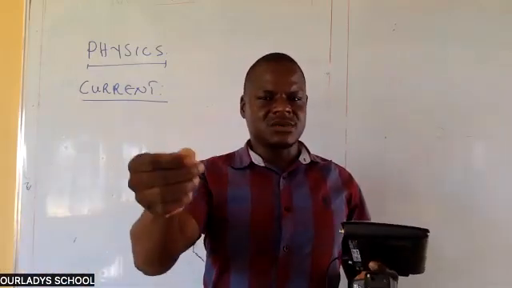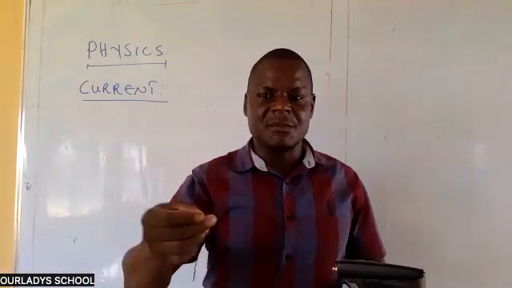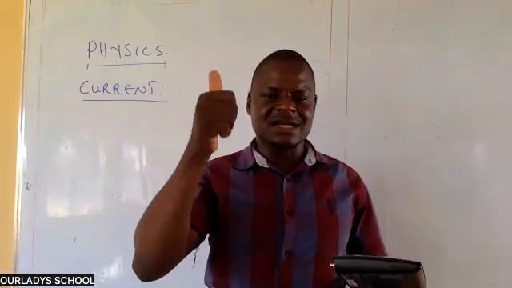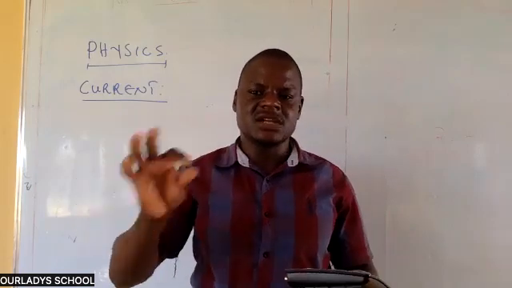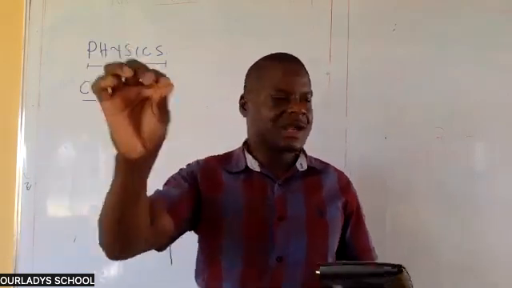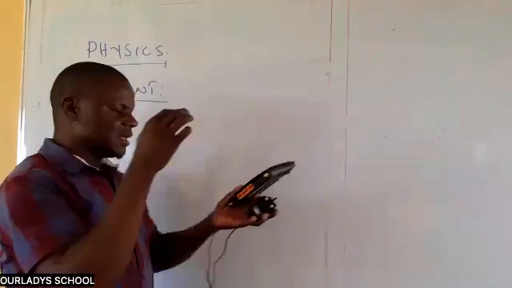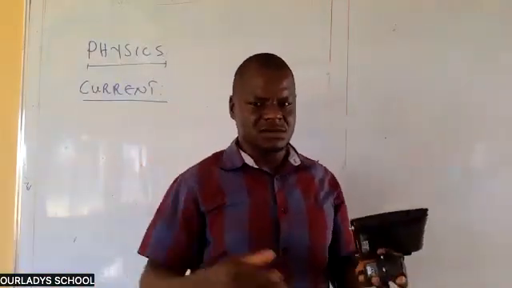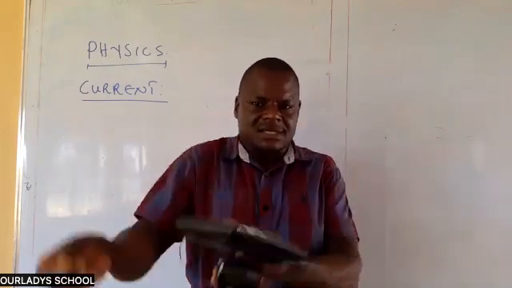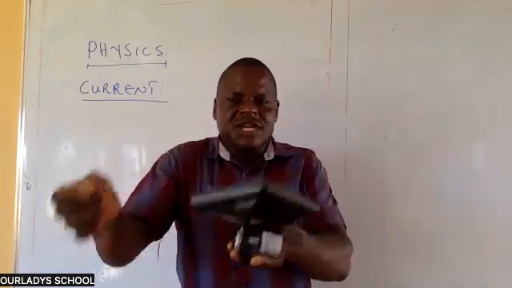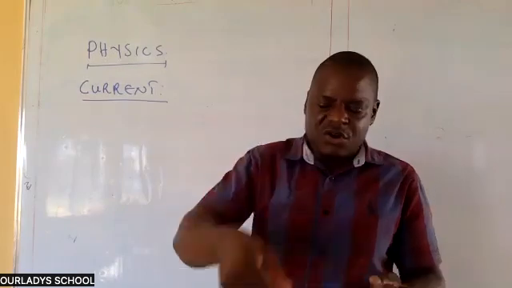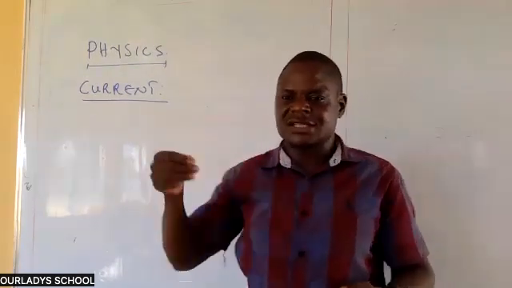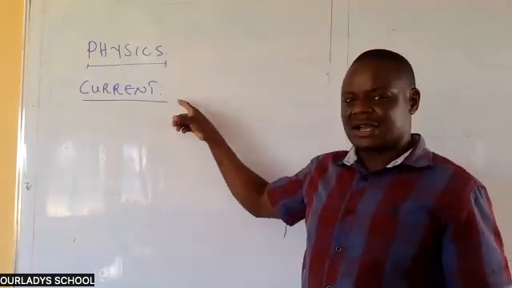The rate at which these electric charges are moving. Remember, I said the word current is related to the flow. So current, we are talking about the electric charges as they move through the wire. At what speed do they move? At what rate? So the rate of flow of electric charges is what we are calling current.